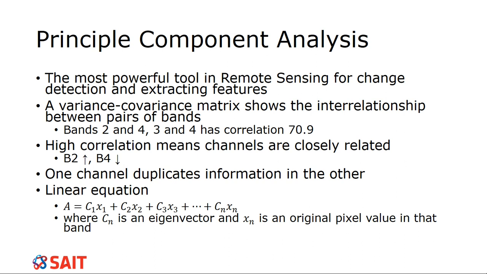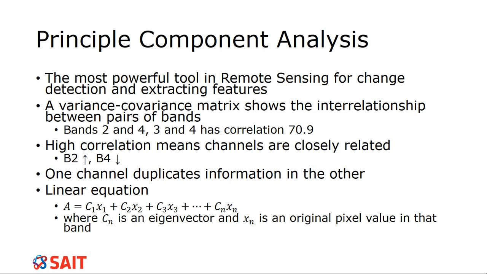So for example, with Landsat 8, we have 11 bands, and with Landsat 7, we have 8 bands. If we use 12 bands in the PCA, even if we use the BQA, then we have a 12 by 12 matrix. So that gets pretty big, right?